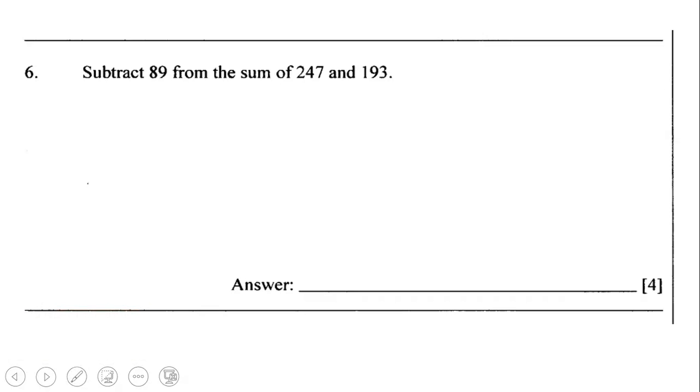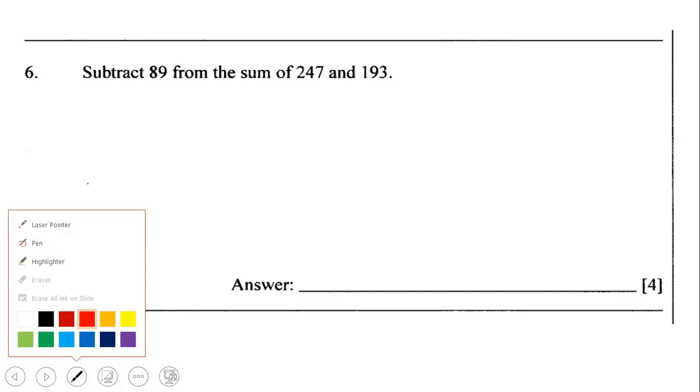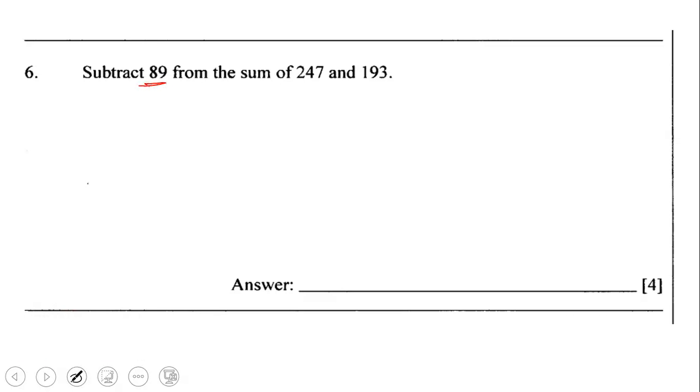Okay, now that you have attempted this question on your own, let us deal with this question together. Note that the question states to subtract 89 from the sum of 247 and 193. Now, how do we get the sum of 247 and 193?